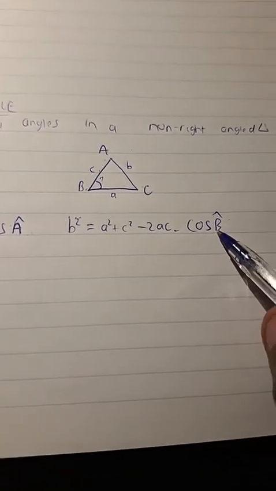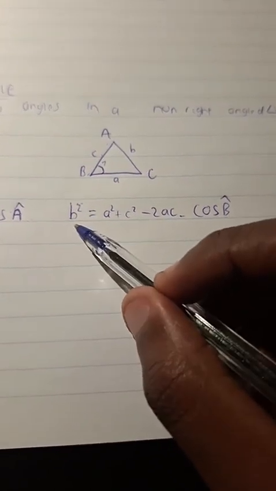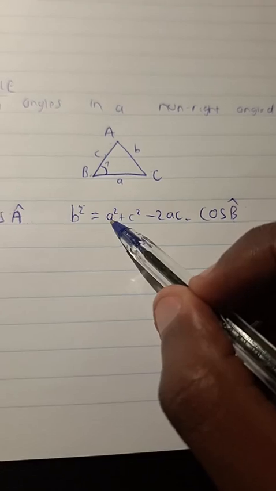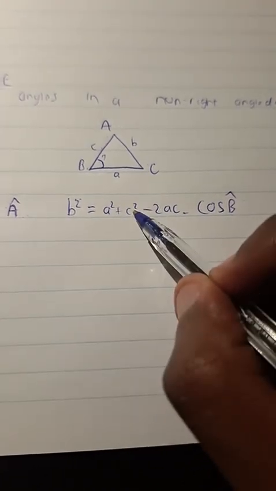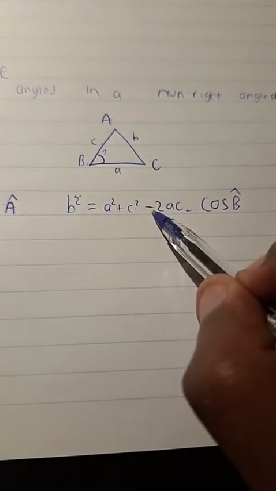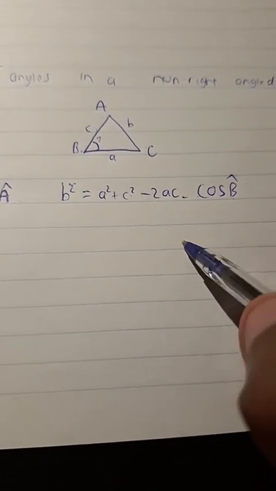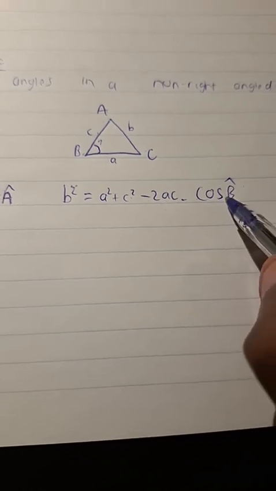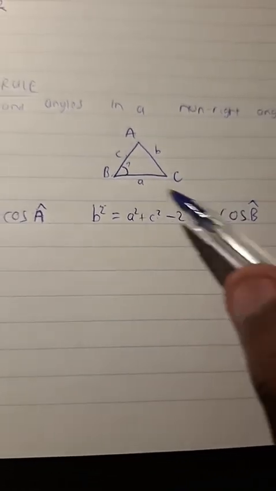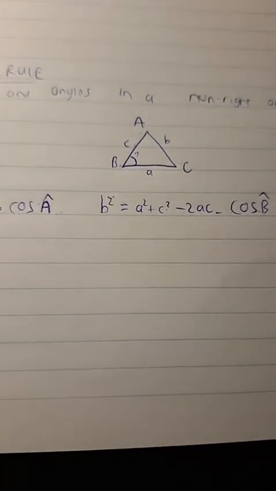So the angle is opposite the side that starts as the subject squared. Then the other sides, the sum of the squares of the other two sides, minus 2 times the product of the other two sides. So that is the formula we can use if it is angle B that we don't know how to find.